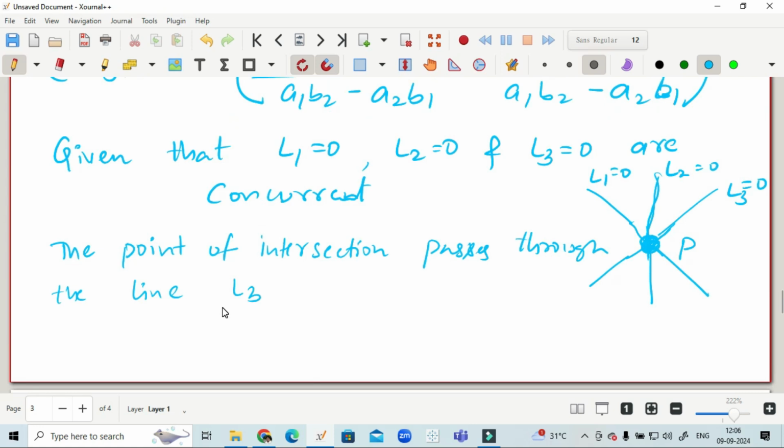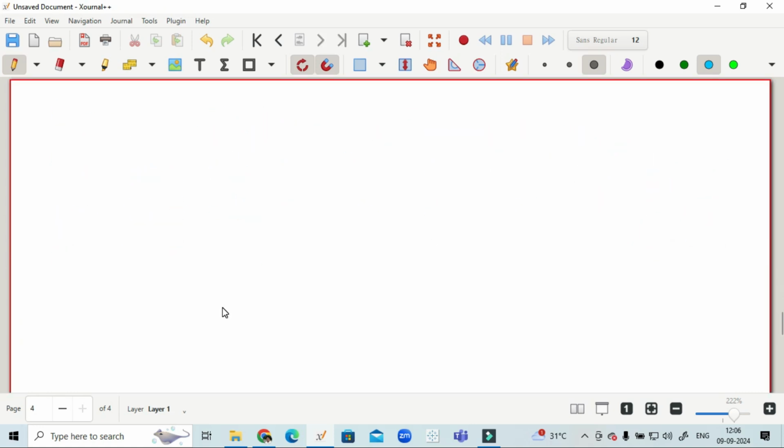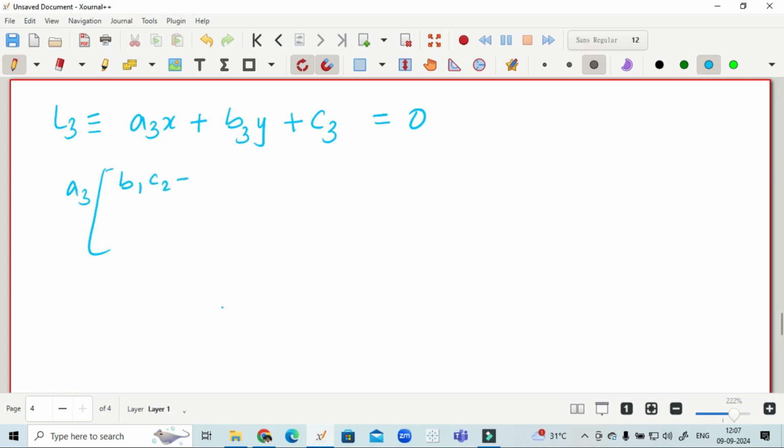So we have to substitute this point. I am writing L3: a3x + b3y + c3 = 0. What is x? a3 times (b1c2 - b2c1)/(a1b2 - a2b1), plus b3 times, what is y? (c1a2 - c2a1)/(a1b2 - a2b1), plus c3 is equal to 0.